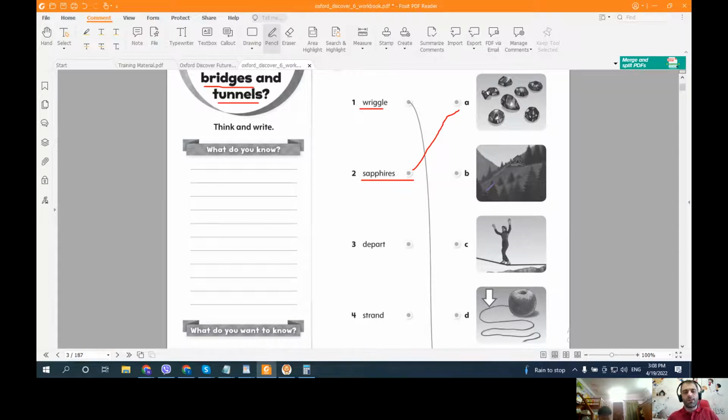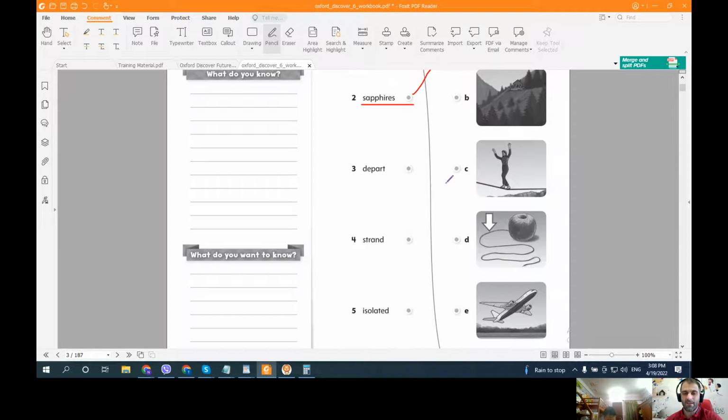So what would you do, for example, if you have a lot of sapphires? I would sell them. And buy what? Would you buy something? Yes. For example, what would you like to buy? Football ticket.